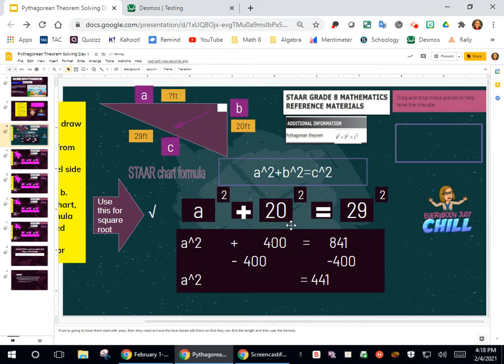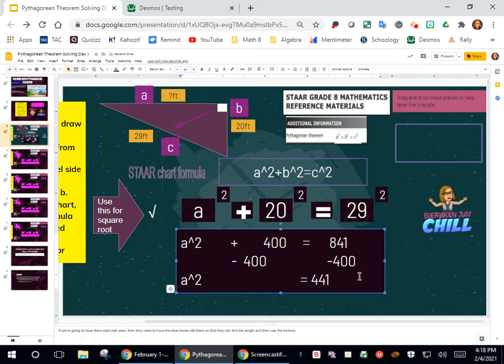But we want just A. We want the side length. So if the area is 441, to get the side length, we are going to do the square root. If we take the square root sign and move it over, we can show the square root of a squared and the square root of 441.